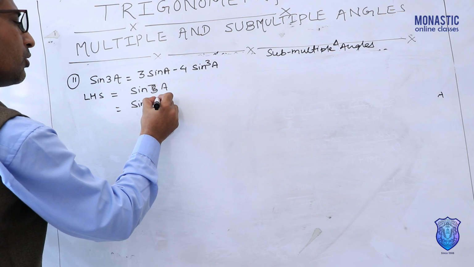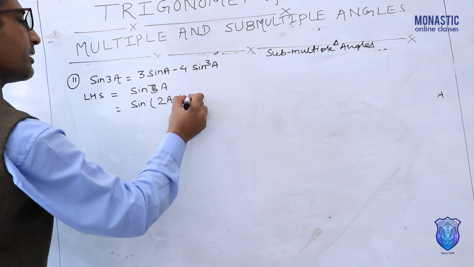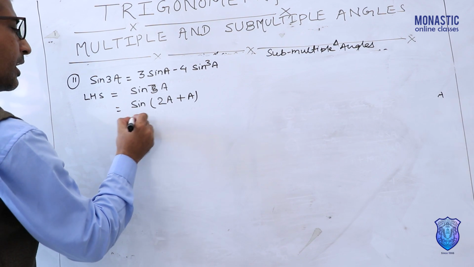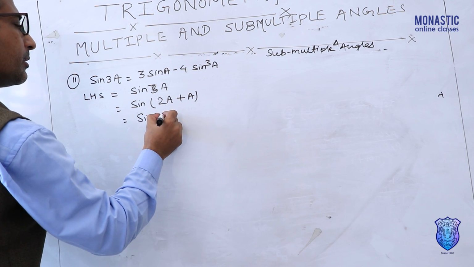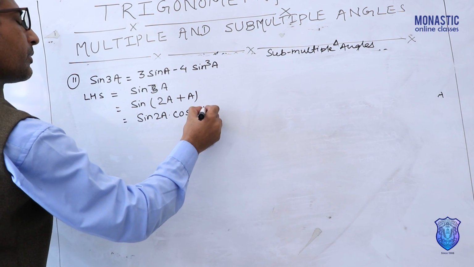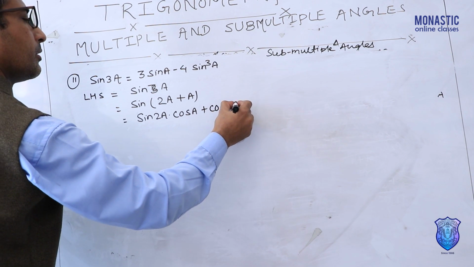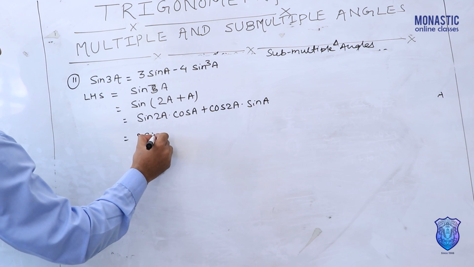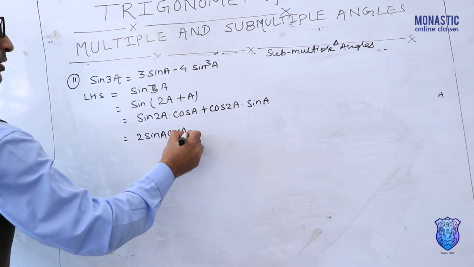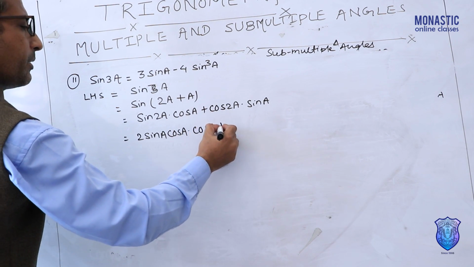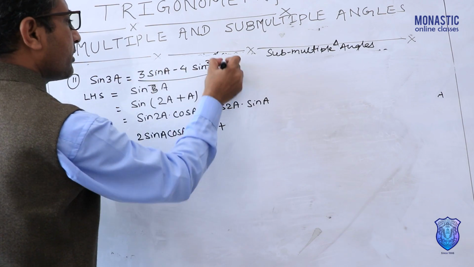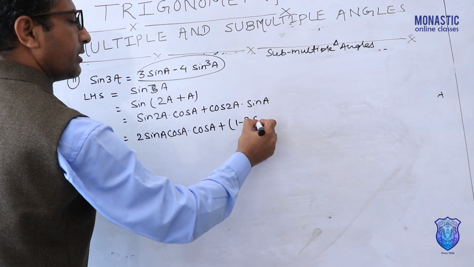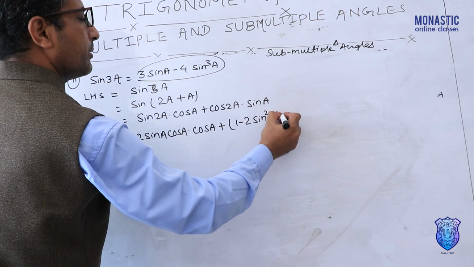In place of 3A we can write 2A plus A, because now we know the 2A formula, and we can write sine 2A into cos A plus cos 2A into sine A. We have only one formula for sine 2A. We have many formulas for cos 2A. We want the result in sine, so we will prefer the formula of cos 2A in sine, that is 1 minus 2 sine square A.